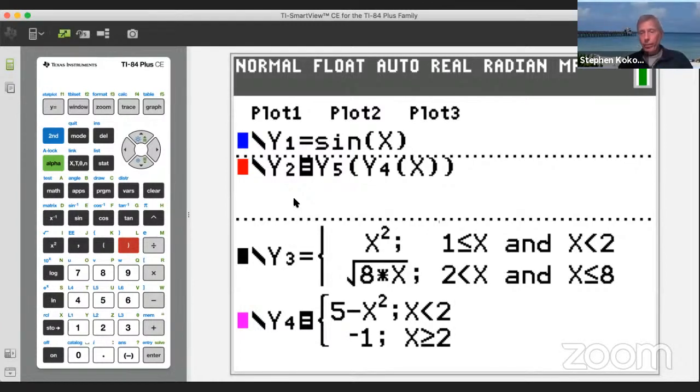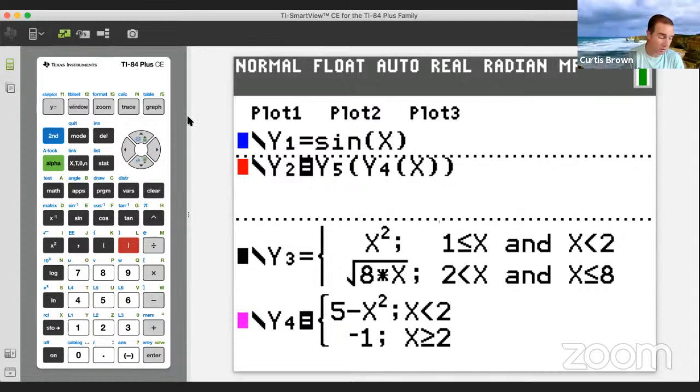Yep. So, Tom, while you're saying that, just so that I'm clear, on my response, I can name my function f of whatever is this, and then I can just use f later on, or in this case, I could define it as Y5 is this and then I could reuse that later. Yeah.